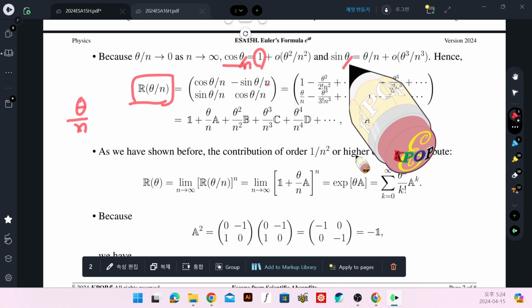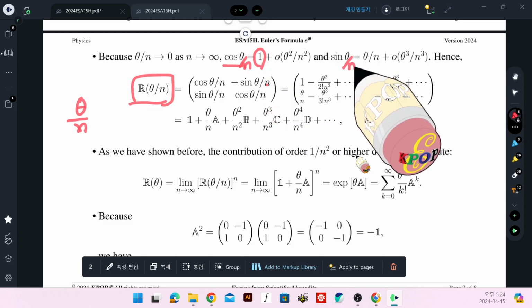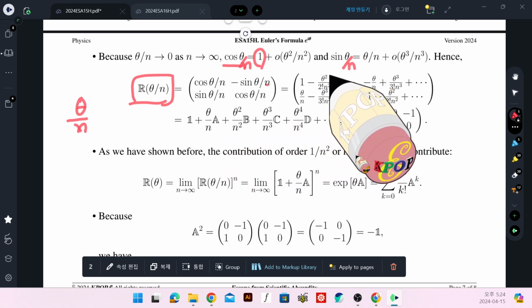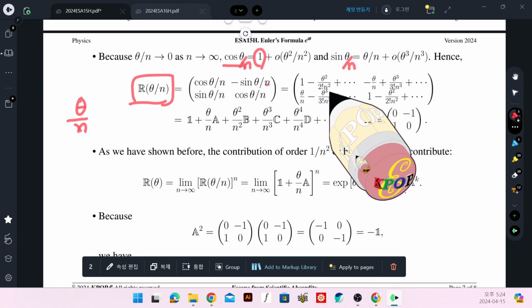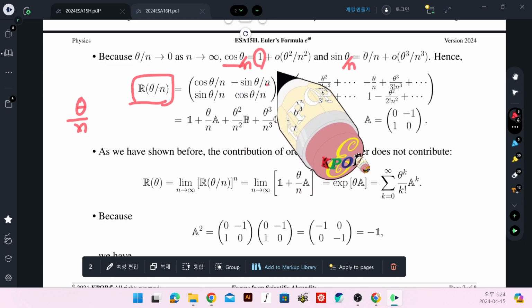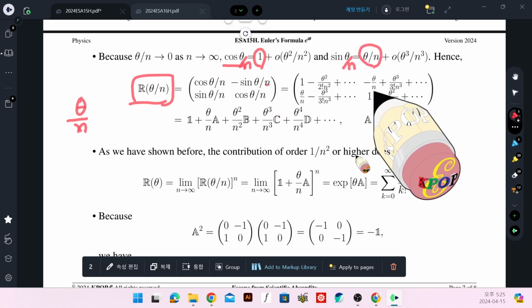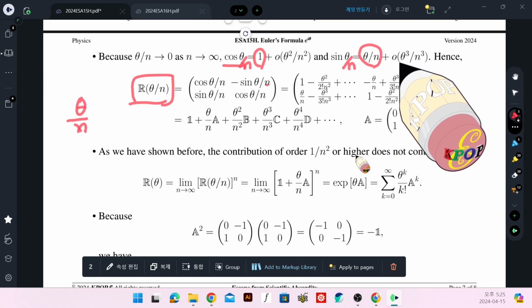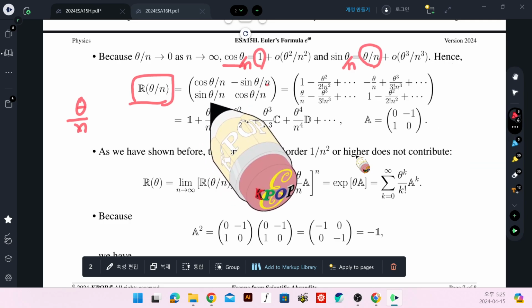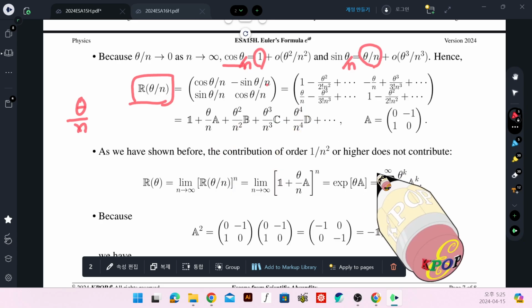It should be sine theta over n. It becomes 1 minus theta squared over 2 factorial times n squared, and so on. And for sine theta, there is the leading contribution and the cubic term. In a similar manner, we can express the remaining 2 elements like that.